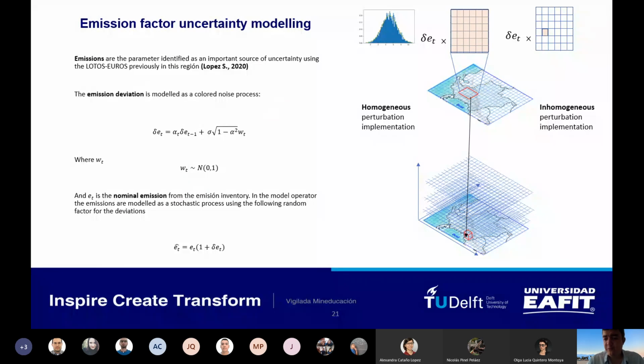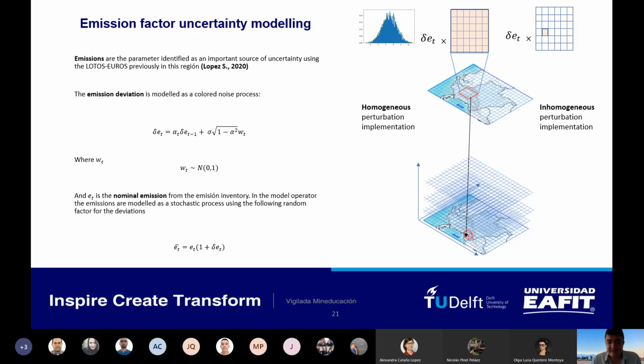Okay, for updating, we want to determine what we want to estimate. Through data assimilation, we can estimate states and we can estimate parameters. In Lopez et al. 2020, we identified the emission factors as an important source of uncertainty, and that was made for PM25 in the Medellin region.